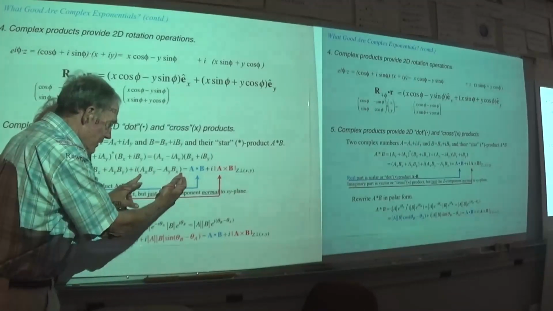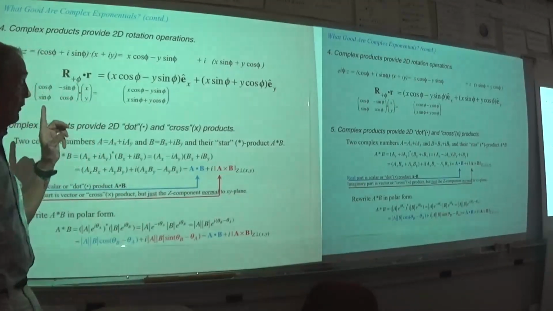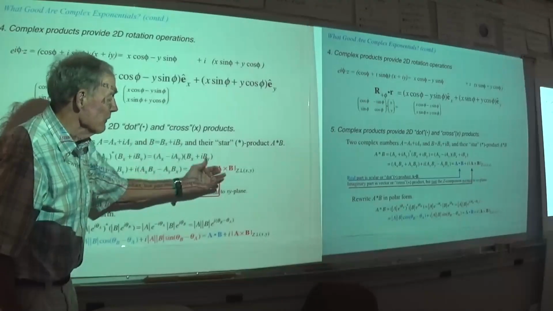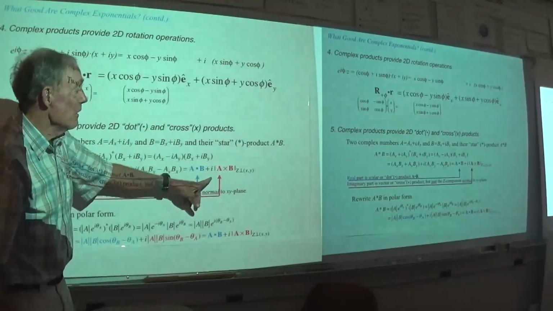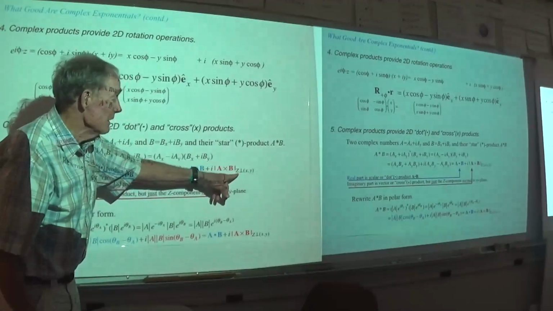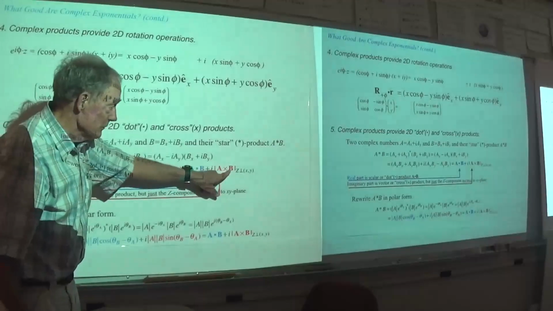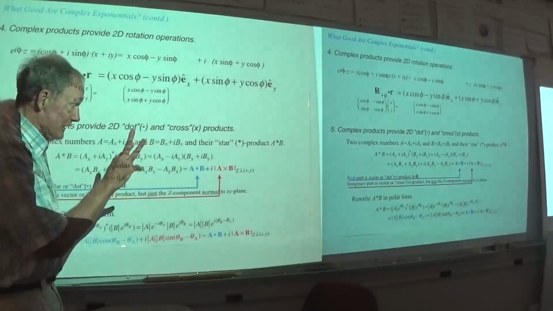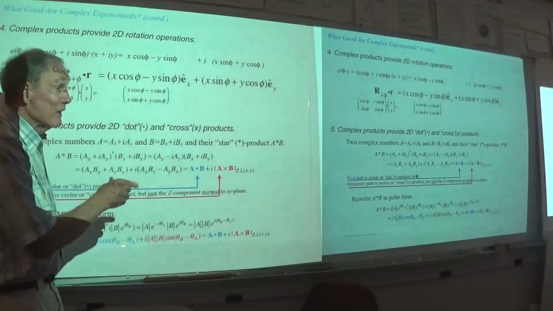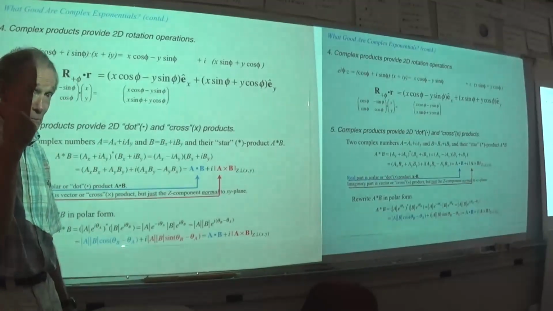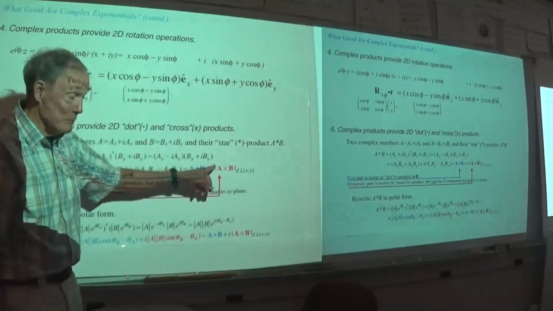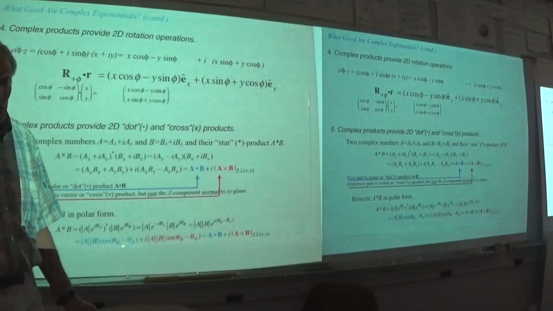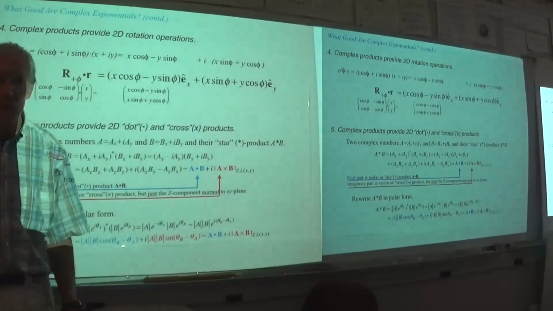And bingo, when you multiply that all together, the real part is the scalar product. The imaginary part is the z component, out of the plane, perpendicular to x and y, of the cross product. It doesn't give you all three components of the cross product. That takes a Pauli spinor. But it gives you this much, which is welcome, because you're working in two dimensions.